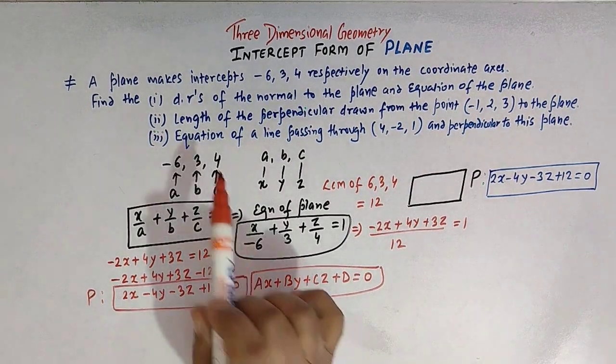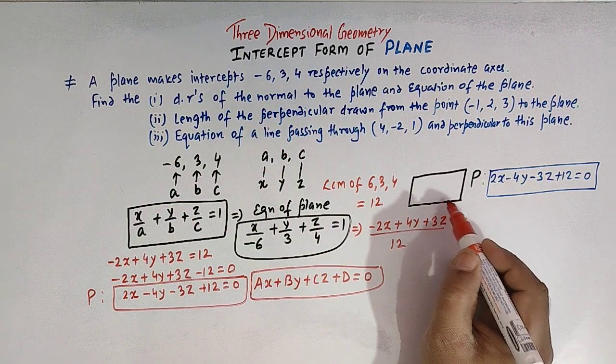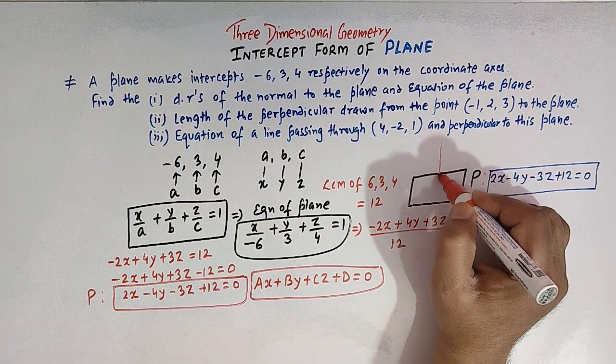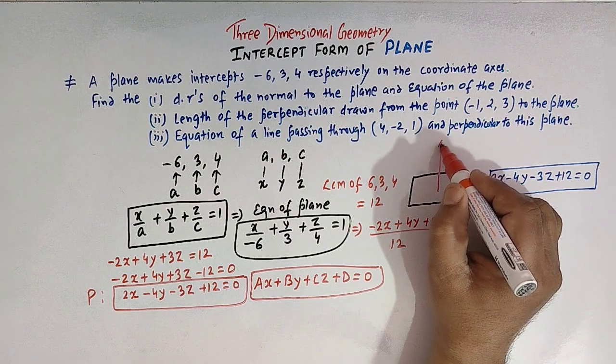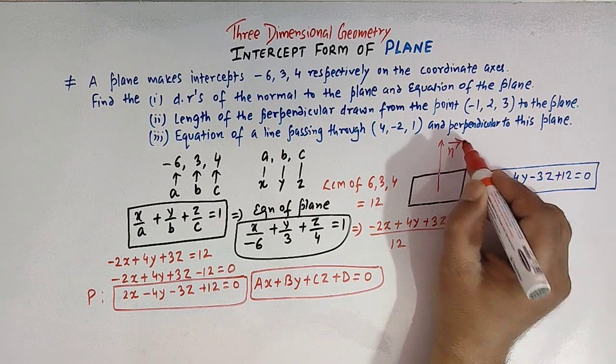Now let us find out the direction ratios of the normal vector to this plane P. So the normal to this plane can be drawn like this. So we can write here the vector n.